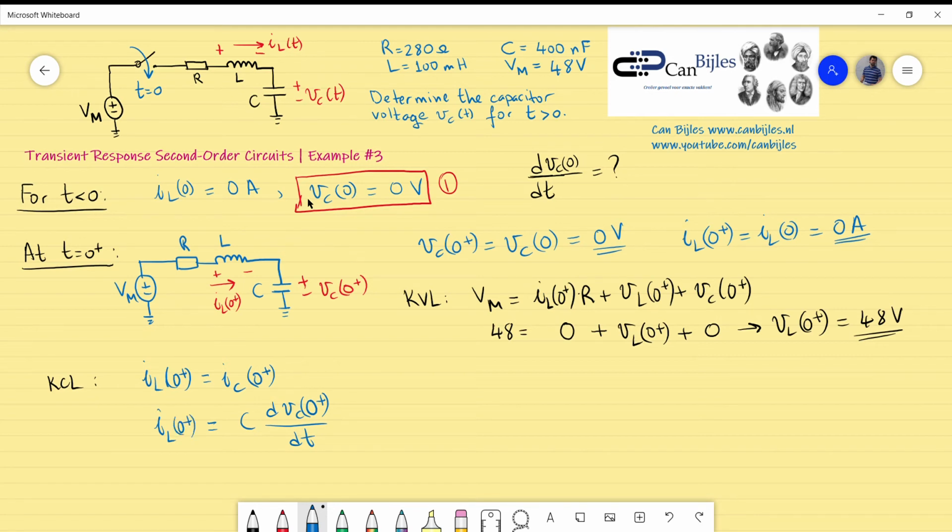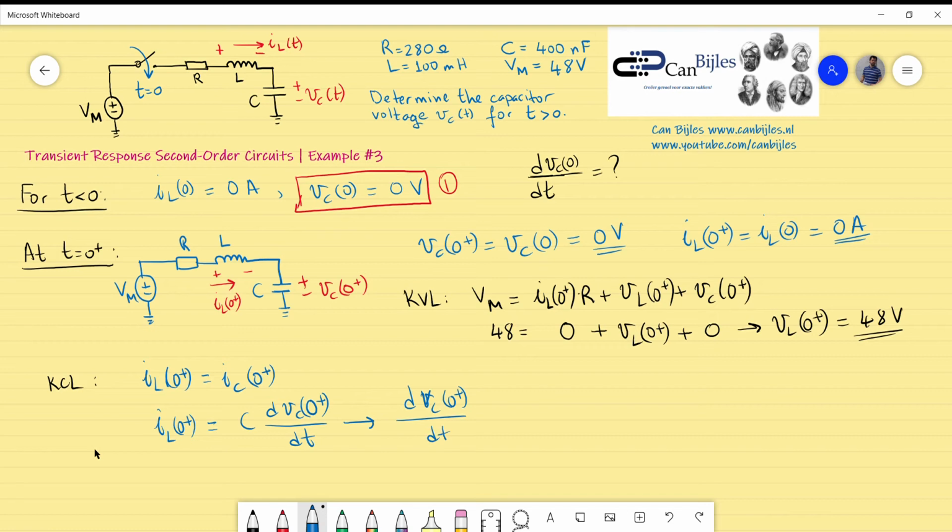As you can see, the left side of this equation is 0, and the right side is the capacitance C, that's 400 nanofarads, times the derivative. I can now calculate the derivative of the capacitor voltage evaluated at 0 plus, which is the same thing as at 0.